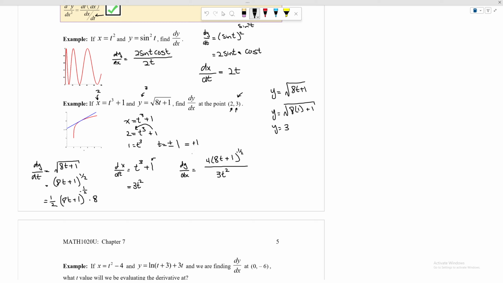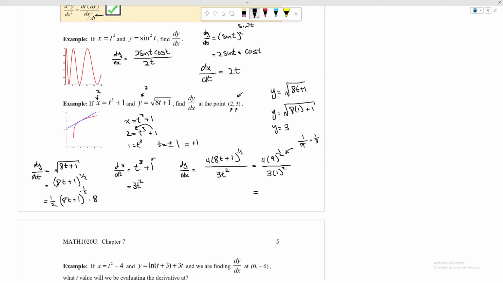And now they're saying, find the derivative at that point, so you just sub it in. What I'll get is 4 times 9 to the negative 1/2, all over 3 times 1 squared. Nine to the negative 1/2 is 1 over the root of 9, and root 9 is 3, so that's 1 over 3.